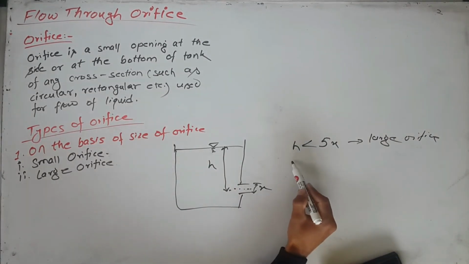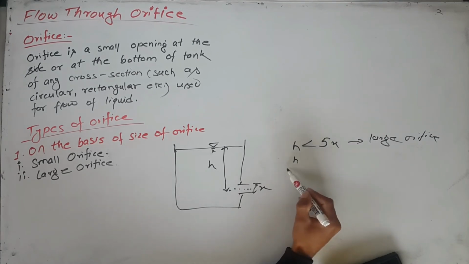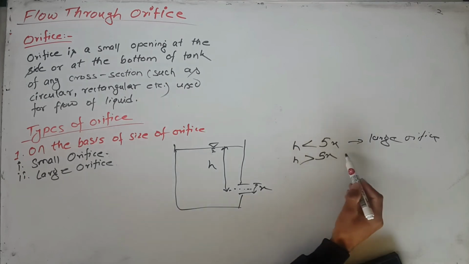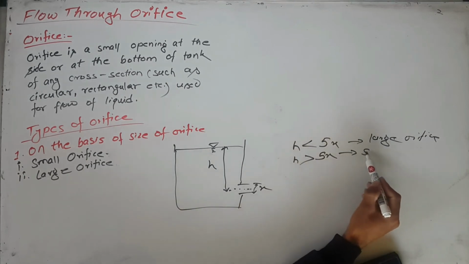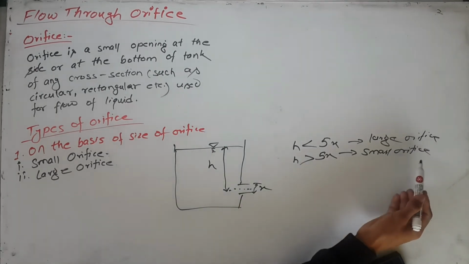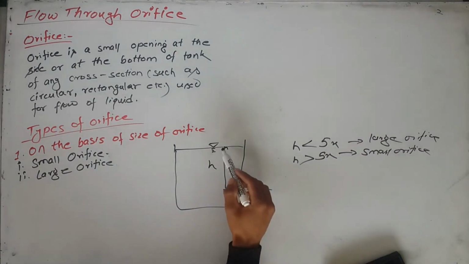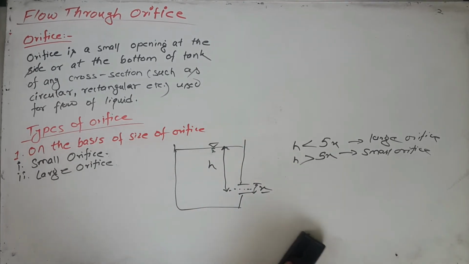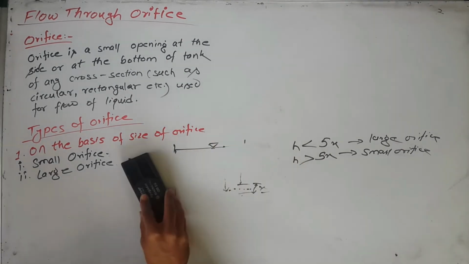If the head from the center of the orifice is greater than 5 times the depth of the orifice, then it is called a small orifice. It depends upon this height and the depth of the orifice. We will write the definition using this concept.